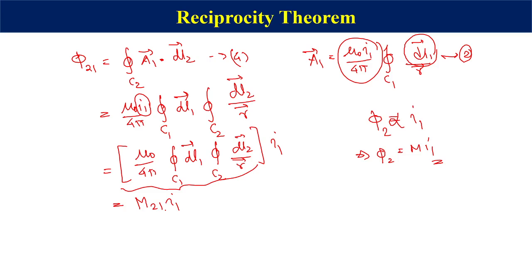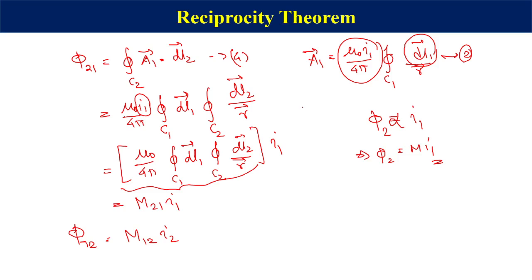If you consider the opposite case, that the current in C2 is changing, and because of that the flux linked with coil C1 is changing, and you want an expression for phi 12, you will get the same expression, but you will remain with phi 12 as M12 I2, because the flux linked with coil C1 is associated with the current I2.